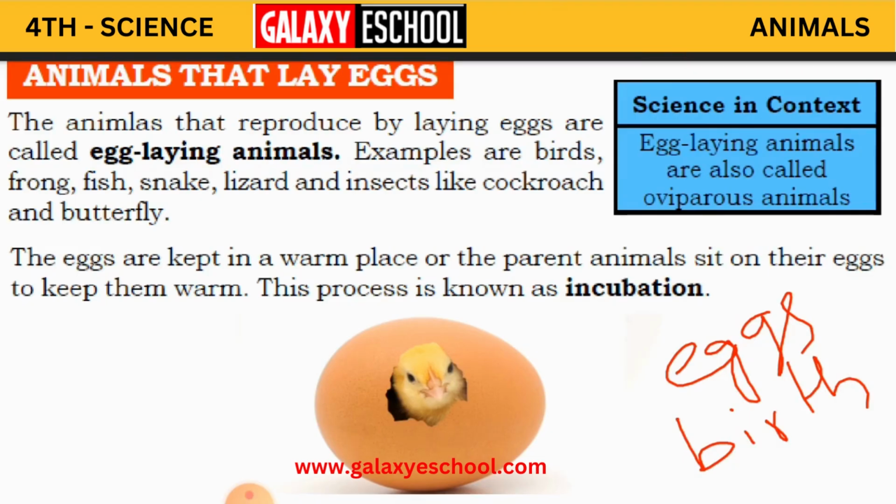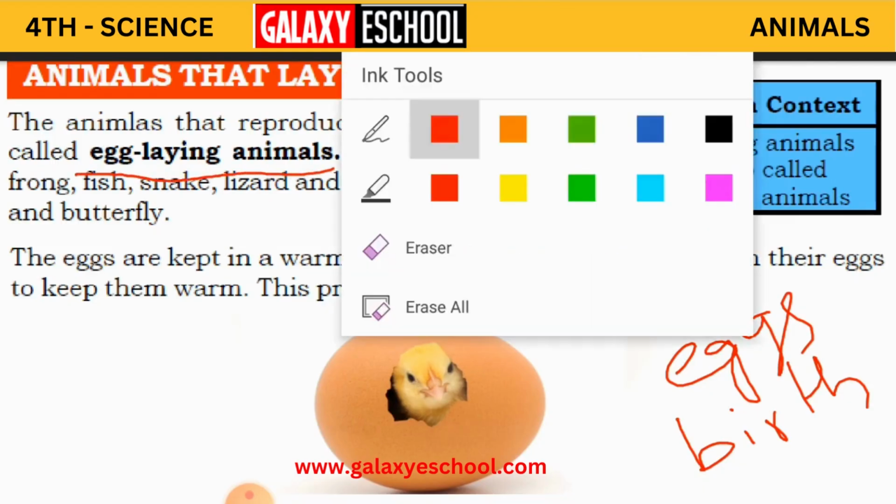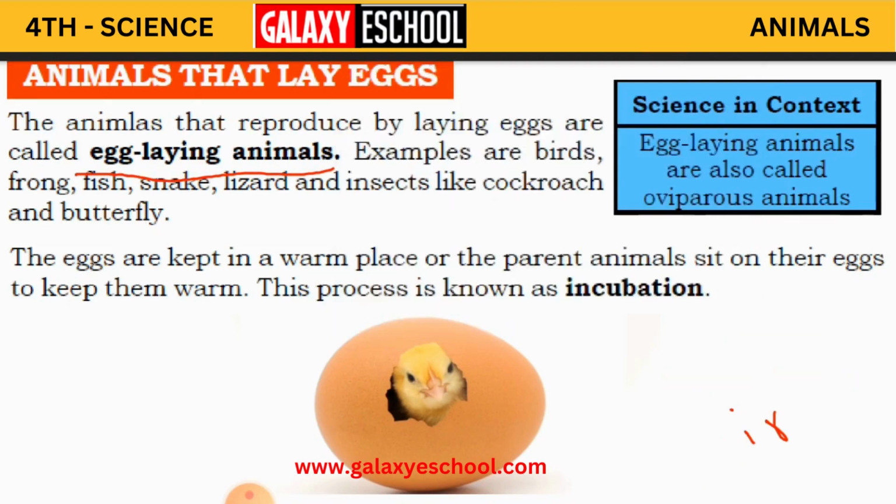The animals that reproduce by laying eggs are called egg laying animals. For example, birds, frog, fish, snake, lizard and insects like cockroach and butterfly.